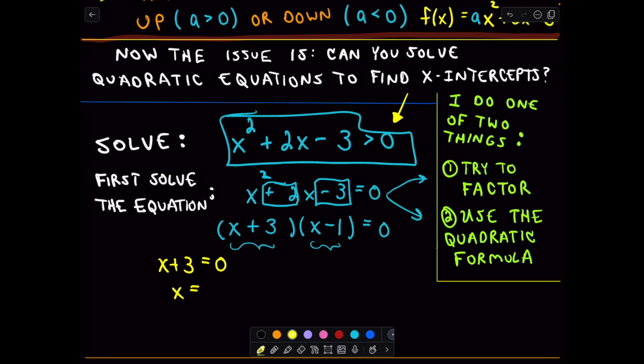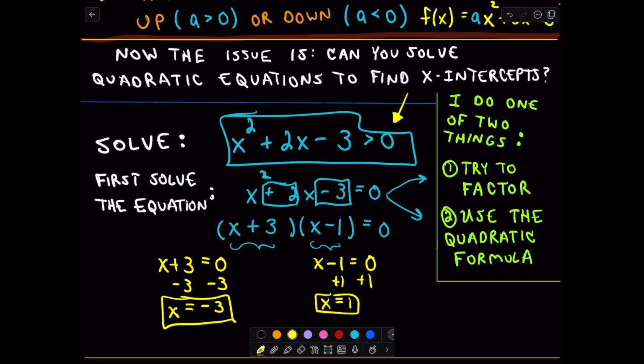I could subtract 3 from both sides. That would give me x equals -3. Then I take my second factor, x minus 1 equals 0. We could add 1 to both sides, and that would give me x equals 1.